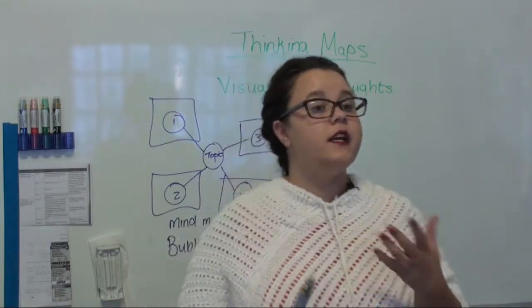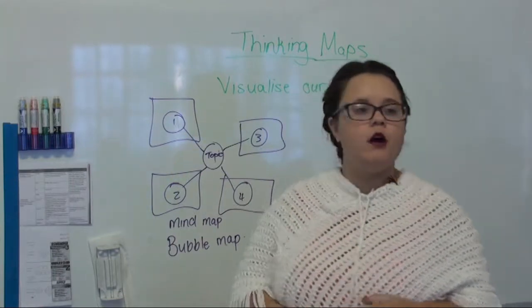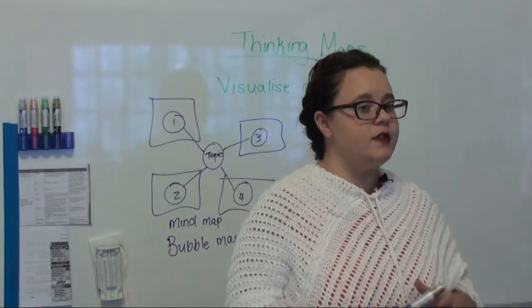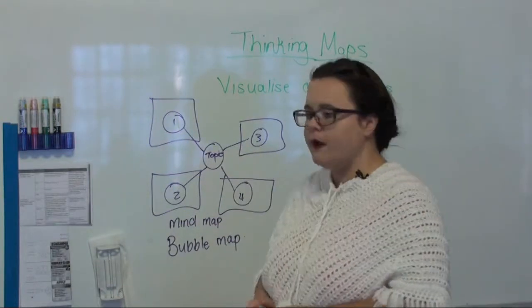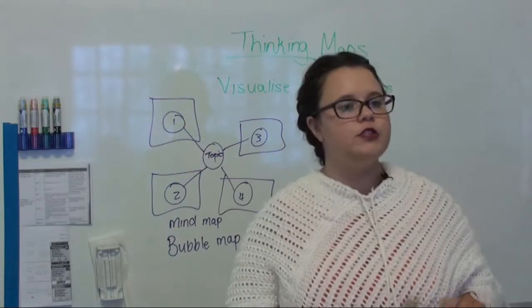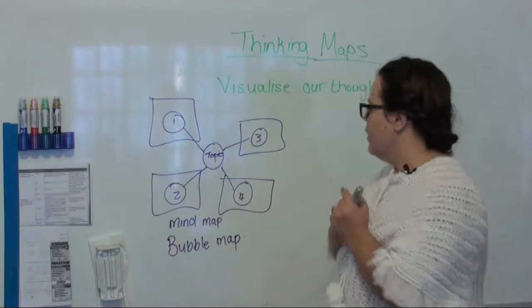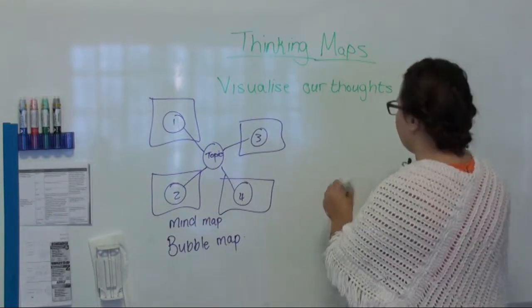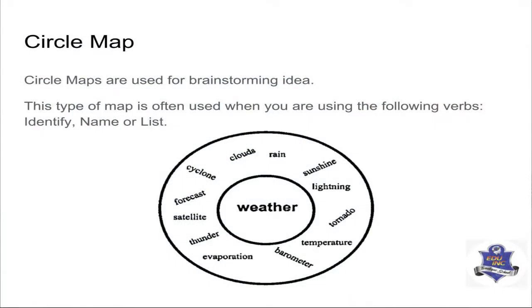If you are identifying something, you could use a bubble map. If you are even defining something and it's got various aspects to it, you can use a bubble map. But there's one other map that you can use if you are trying to list something, okay? Not only list, but also identify, and that is called a circle map.